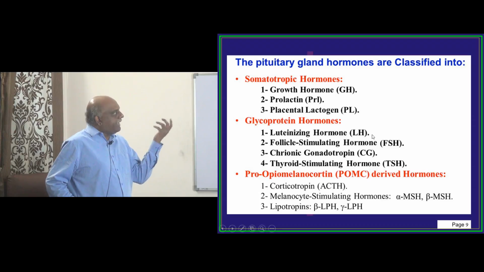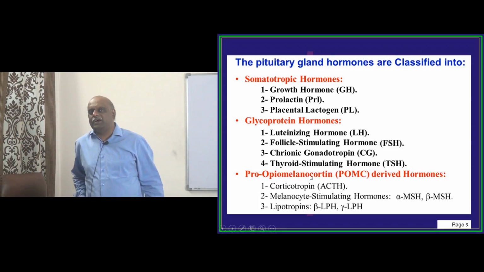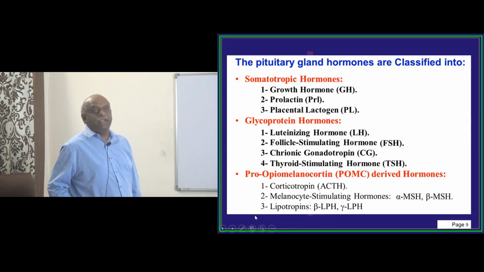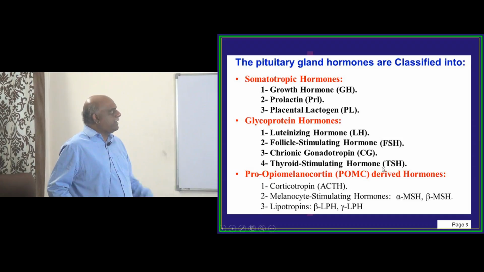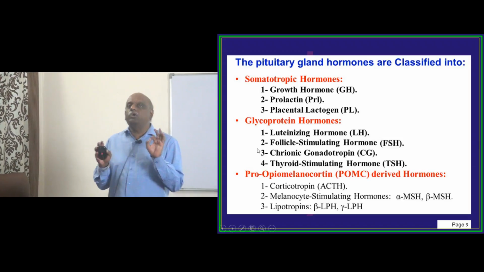Some of them are glycoprotein hormones: luteinizing hormone, follicle stimulating hormone, chorionic gonadotropin, and thyroid stimulating hormone. These are all considered to be glycoprotein hormones.